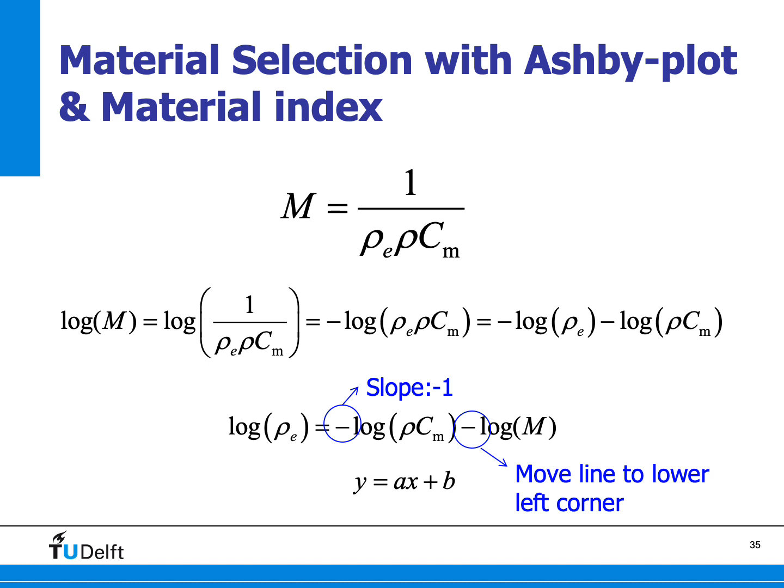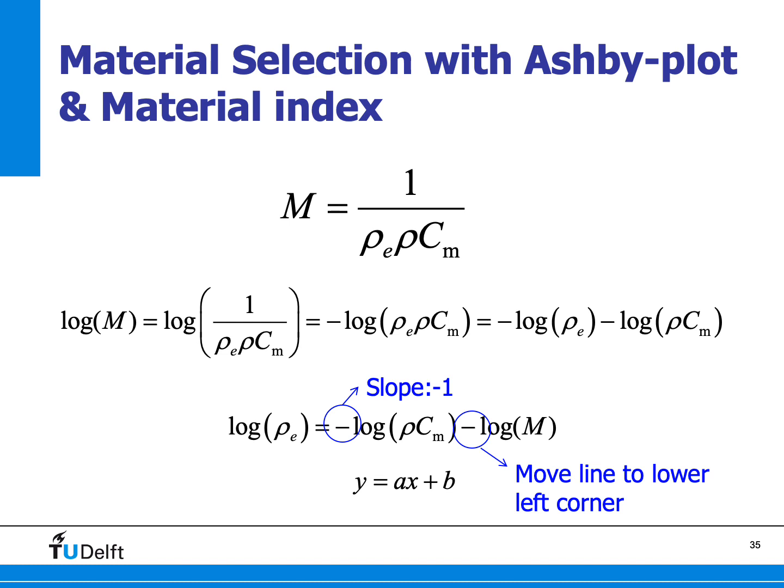Now, in an Ashby plot where you put the logarithm of rho E on the y-axis, and the logarithm of rho times Cm on the x-axis, you get a linear expression, just like this one, y equals a times x plus b, where a is the slope of the linear curve, and b is where it intersects with the y-axis.